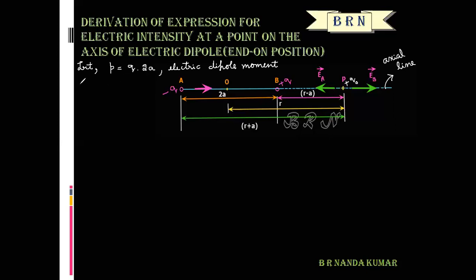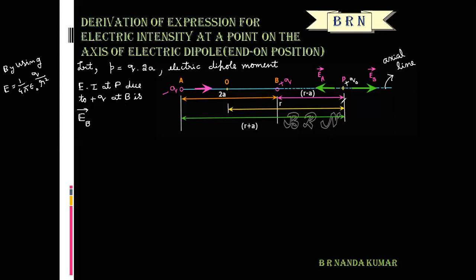Okay. So the electric intensity at the point P due to a charge plus Q at B is EB vector. For the electric intensity at a point due to an isolated point charge, we use the expression E is equal to 1 divided by 4 pi epsilon naught, q divided by r square, where r is the distance from the observation point to the point charge.